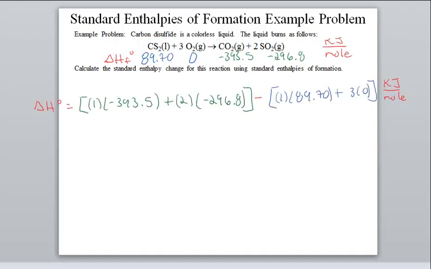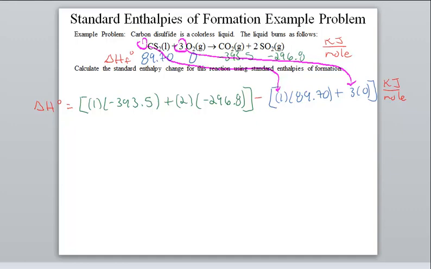Shown in green is the sum of the potential energies for the products, and in blue is the sum of potential energies for the reactants. So the 1 and 2 in the summation are how many molecules of each product. And for the reactants, 1 and 3 are how many there are of each reactant in this particular chemical reaction.